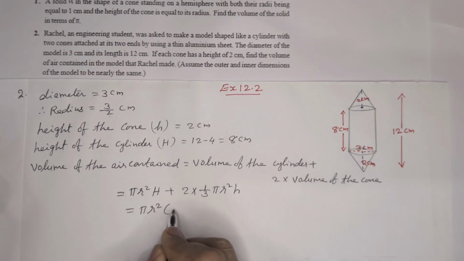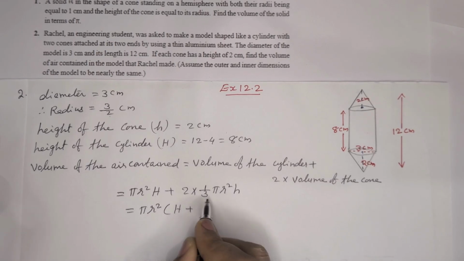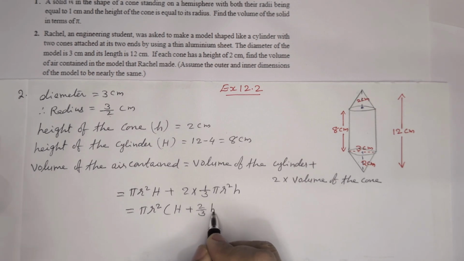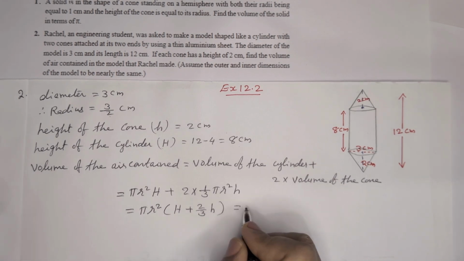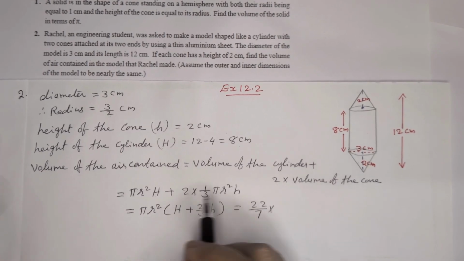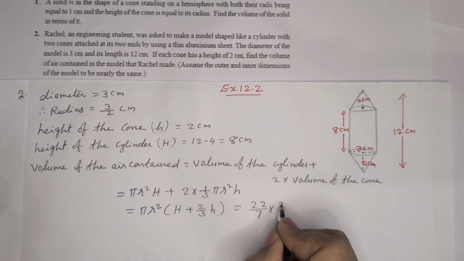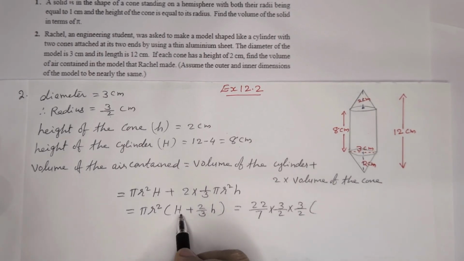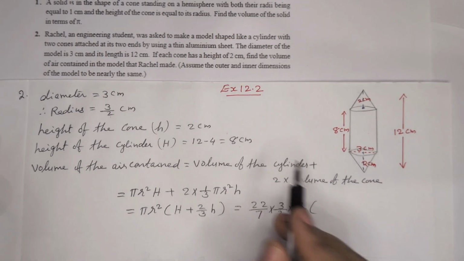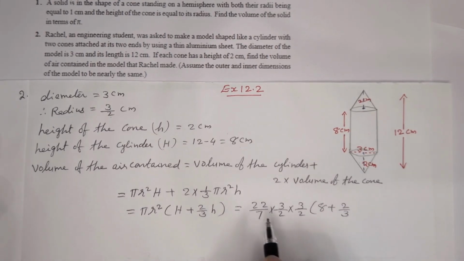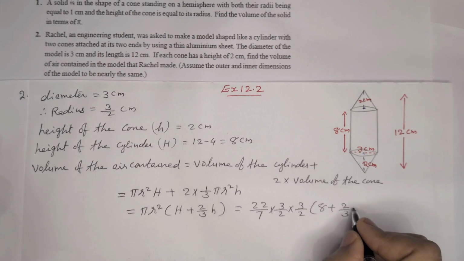So pi r square in bracket H plus, from here 2 by 3 pi r square already is taken out, then h, which is equal to pi 22 by 7, r is 3 by 2. So r square means 3 by 2 into 3 by 2 in bracket capital H, that means height of the cylinder 8, plus 2 by 3 small h, that means height of the cone.